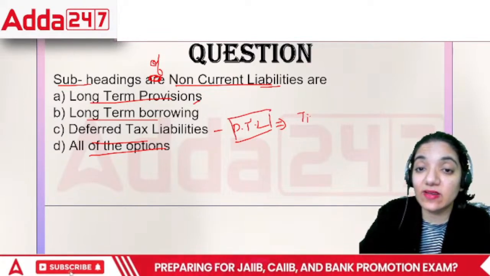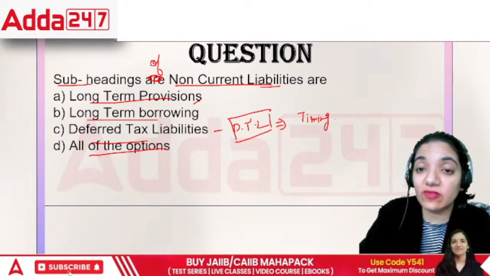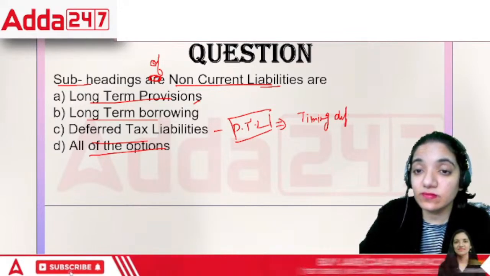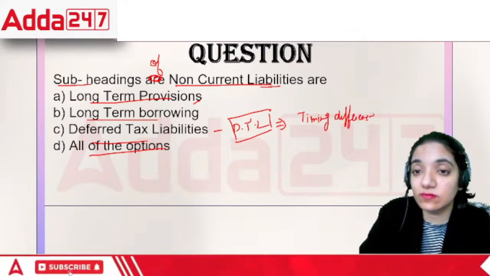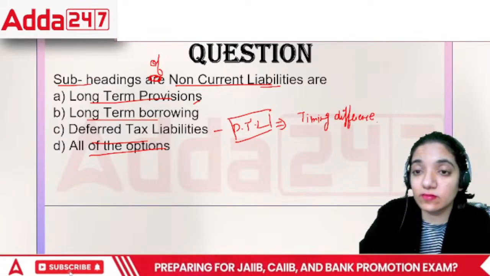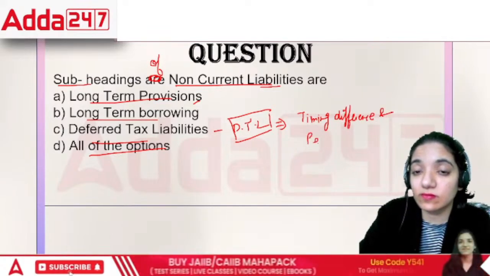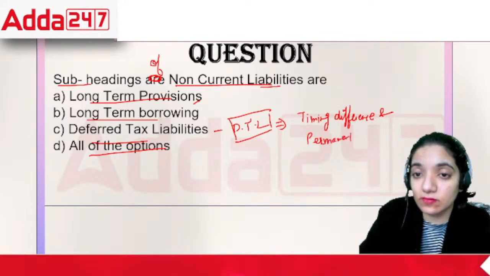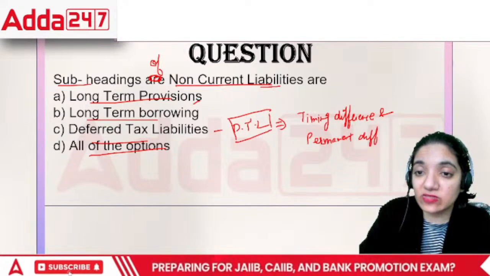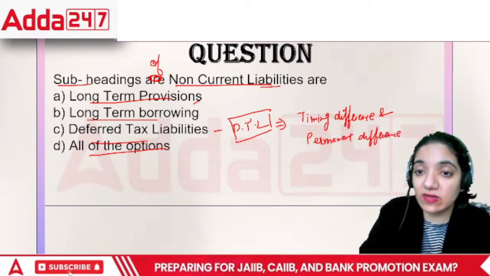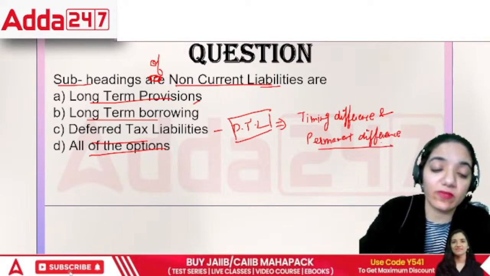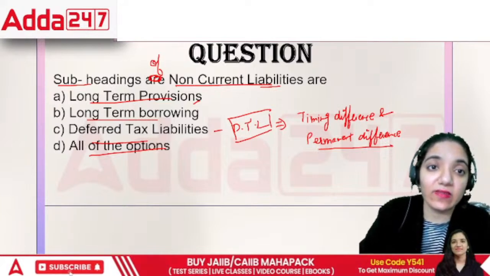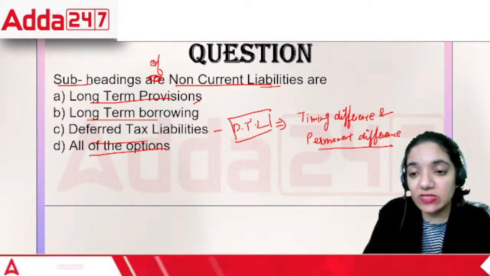The problem is the timing as well as the permanent difference. Timing difference as well as permanent difference occurs in the working of the person. That is how we can define the timing as well as the permanent difference.